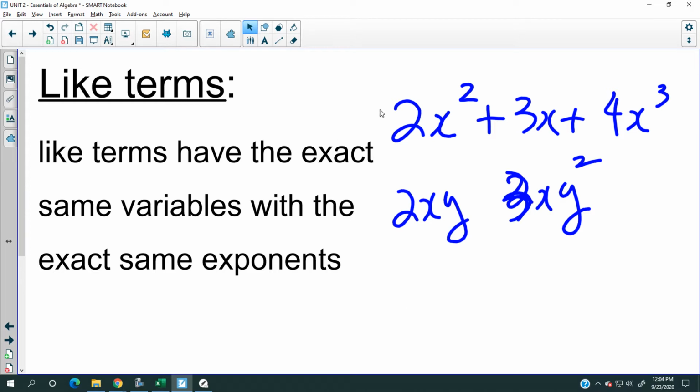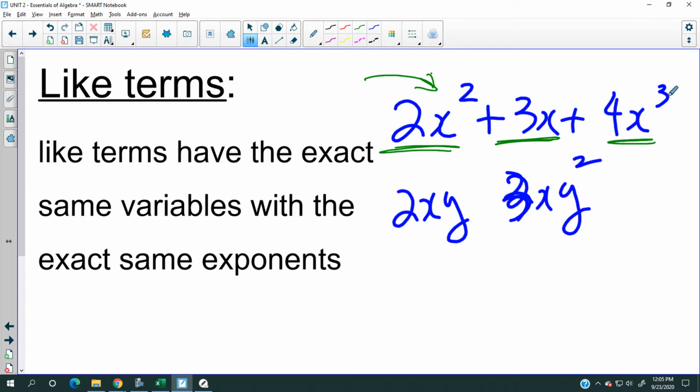In the first example, the first term is x squared, the second term is x, and the third term is x to the third. None of these terms are in the same family. Why? You might say, well, Mr. Engley, they're spelled the same, all three have an x, but it's not the same exponents. So therefore, not in the same family.